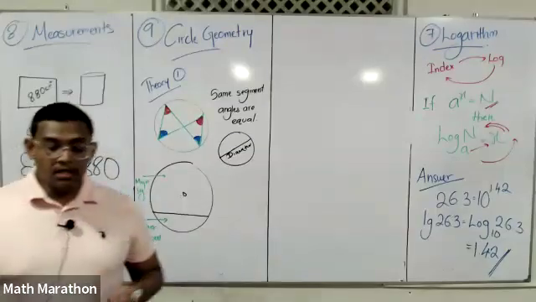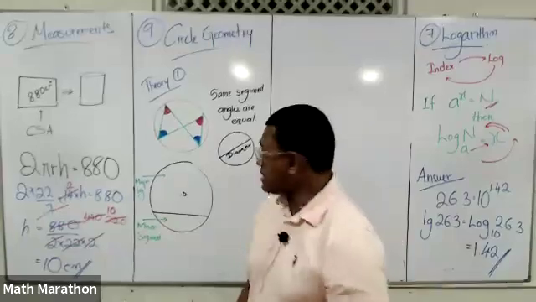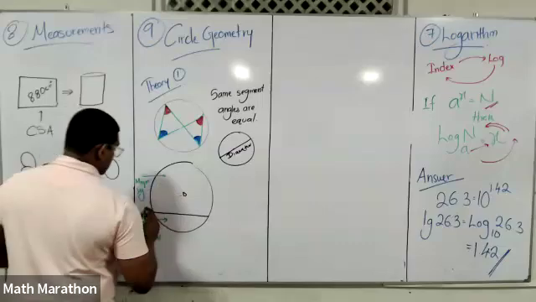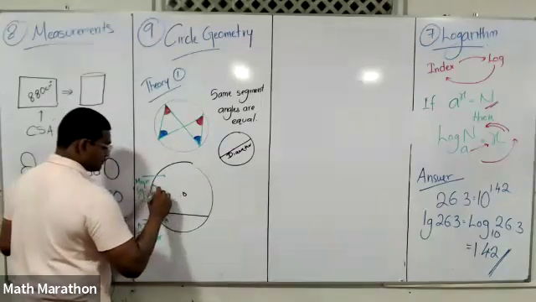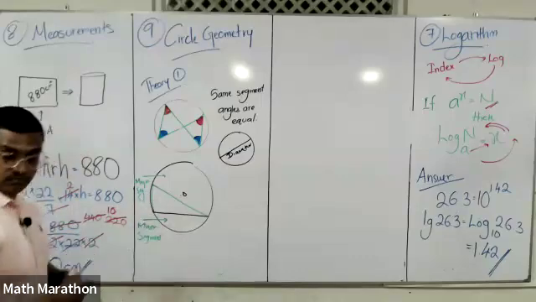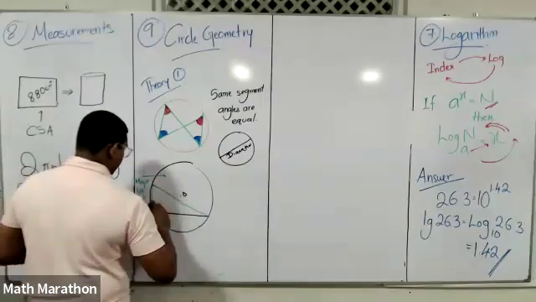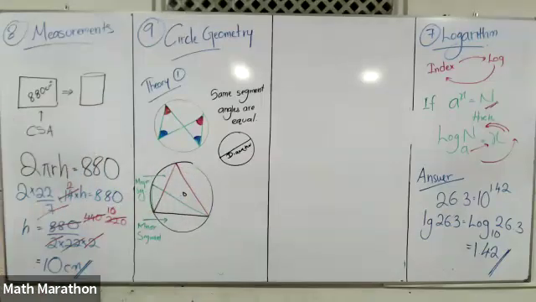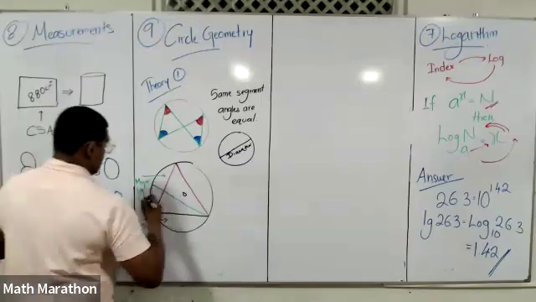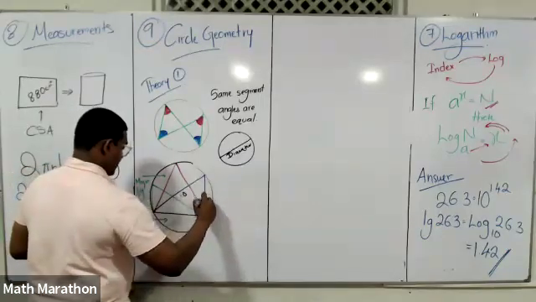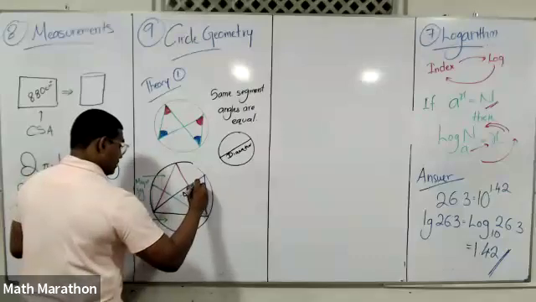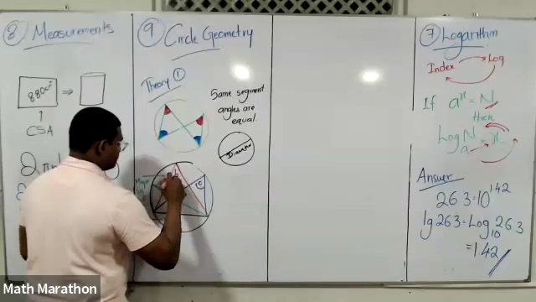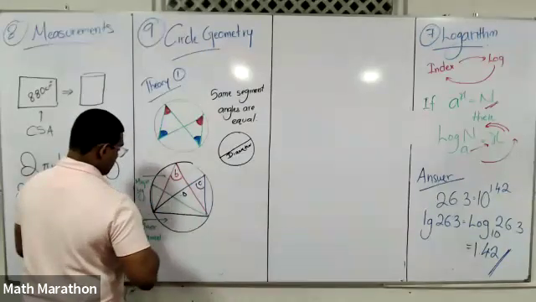So when you consider these 2 segments, if I have something like this, or something like this, let this be C, let this be B, let this be A.